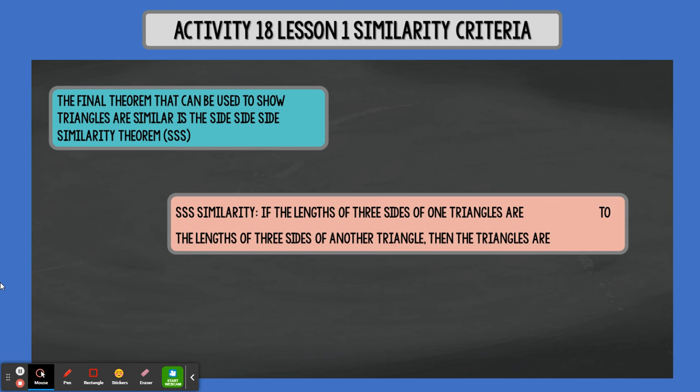If the lengths of all three sides of one triangle are proportional to the lengths of all three sides of the other triangle, then the triangles are similar.